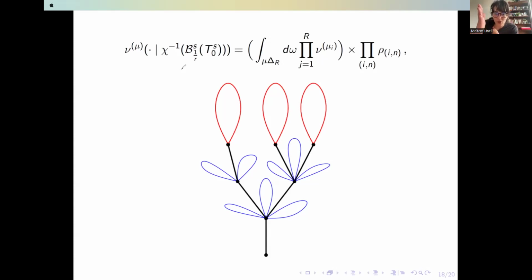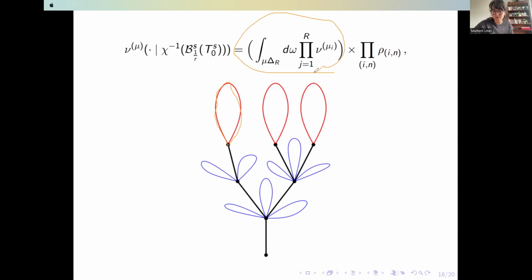Conditioned on this event, my measure is decomposed in this way, which means that all the trees that contain this black tree as part of their backbone have the following form. All the vertices on this black tree have to be infinite type vertices, which means that I have to graft infinite branches here. This is the expression that tells me to do this.